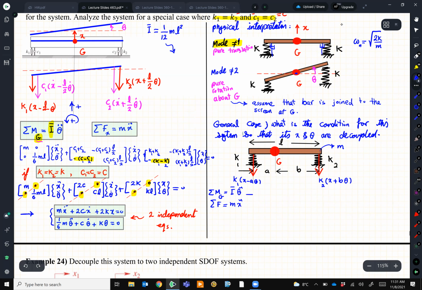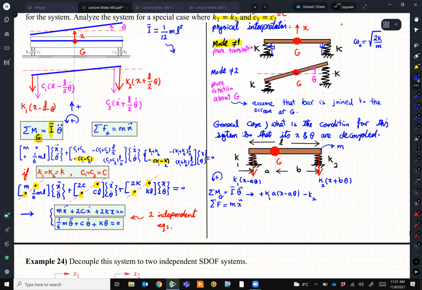All right, so let's take the first one. I'm going to get minus K1 a times x minus a theta, and minus this one will be K2. Remember our positive direction was that direction, so this one is going to be positive and this one is going to be negative.